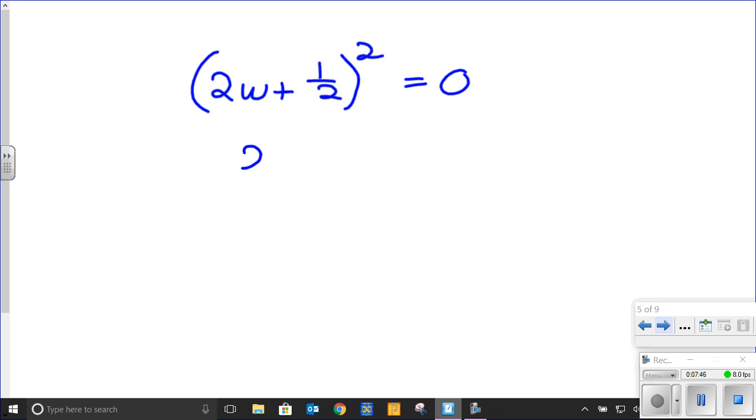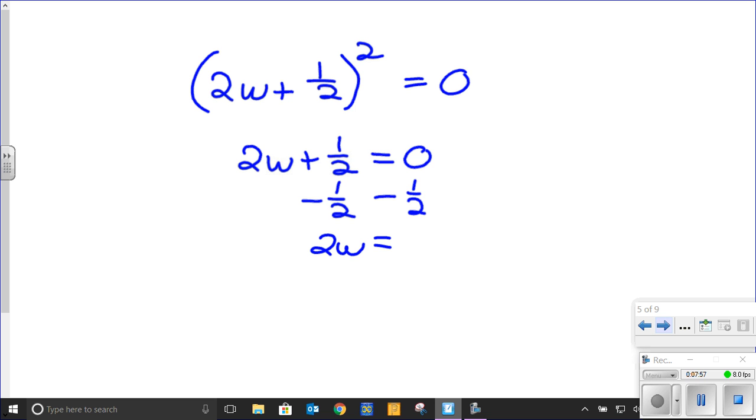So we're setting 2w plus half equal to 0. We're going to minus a half from both sides. So I get 2w is equal to -half. Divide both sides by 2.